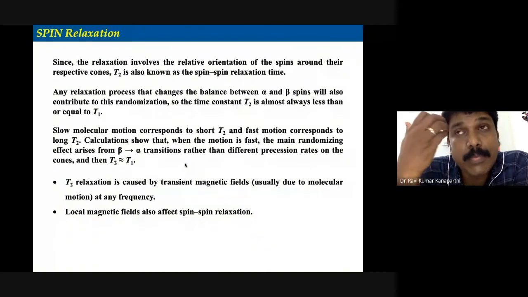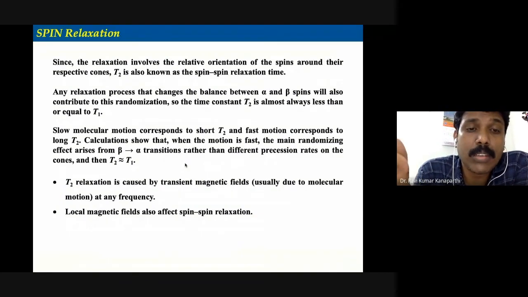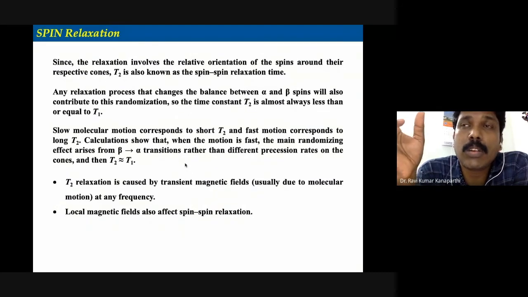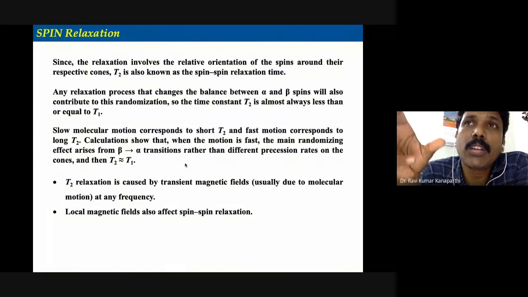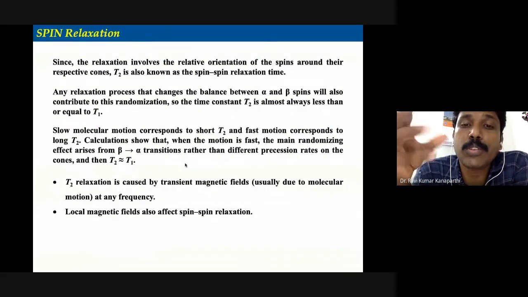And this is also related to the NMR line width. We'll see that in the next class. But what I wanted to tell you is that if the molecular motion is too slow, then randomization takes place quickly. Therefore, the T2, that is the spin relaxation constant, will be short.